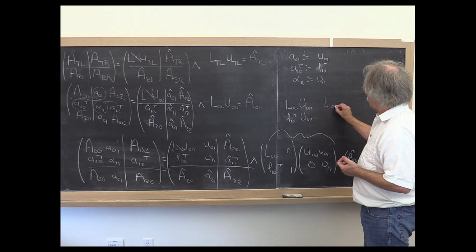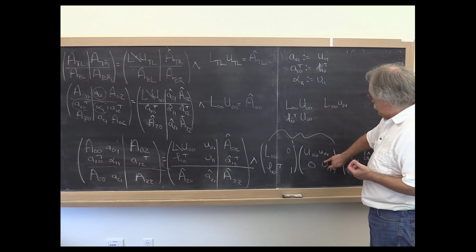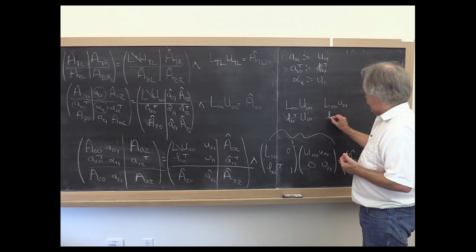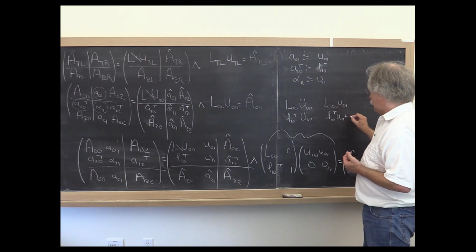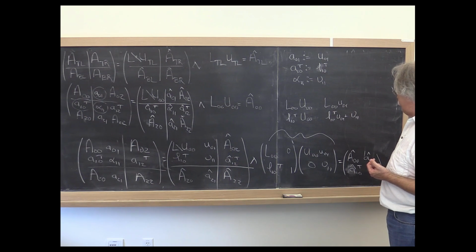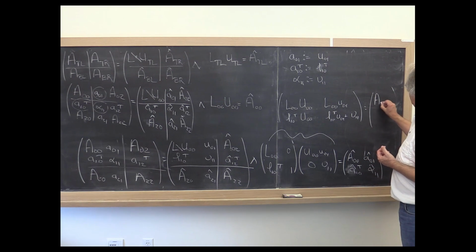That's L00 times U01, plus 0 times that. And then we get this times that plus this times that. That is L10 transpose times U01 plus epsilon 11. Okay. But we know that that must be equal to A00 hat, A10 transpose hat, A01 hat, alpha 11 hat.